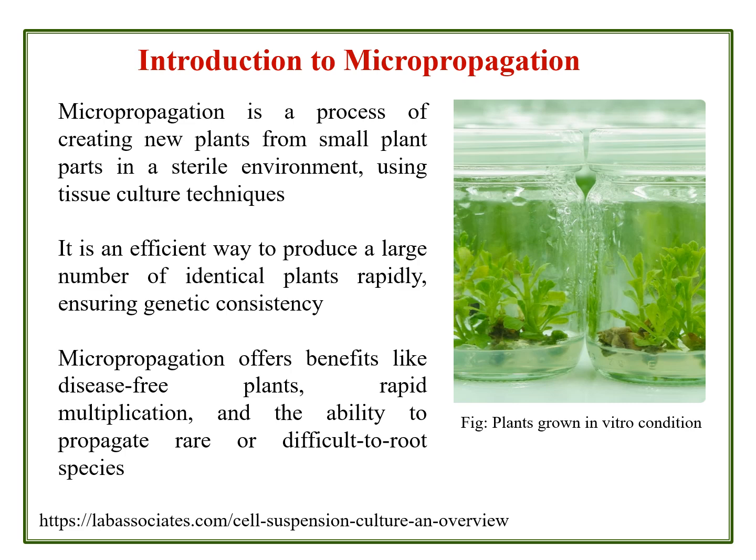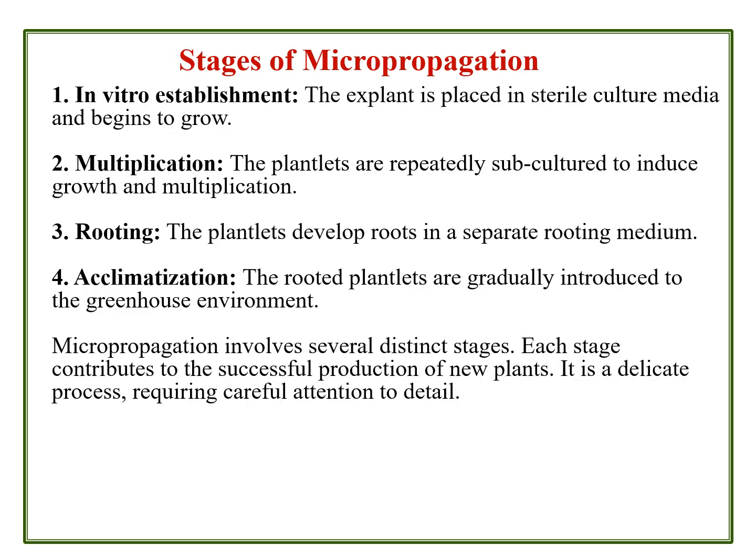As the name indicates, in vitro means aseptic conditions, maintenance of asepsis, and highly genetically consistent clones, identical clones on a defined medium, etc. The ability to propagate rare or difficult-to-root species is also possible through micropropagation. So let us see what are the stages.